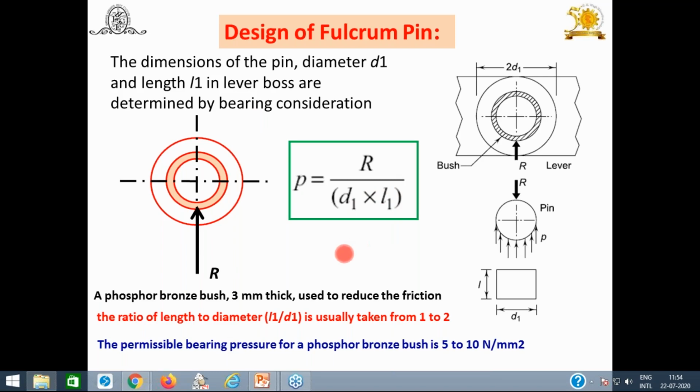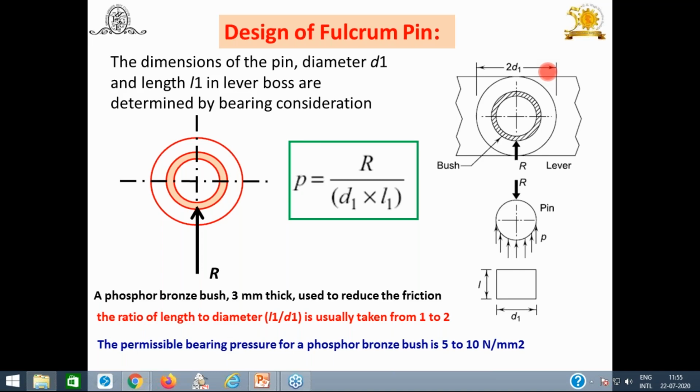But now look at the diagram again. Suppose we have considered the length of the pin. If you visualize from the top view, the pin is inserted here, and on this pin the lever is mounted, with the pin inserted through the bush, using the phosphor bronze bush.